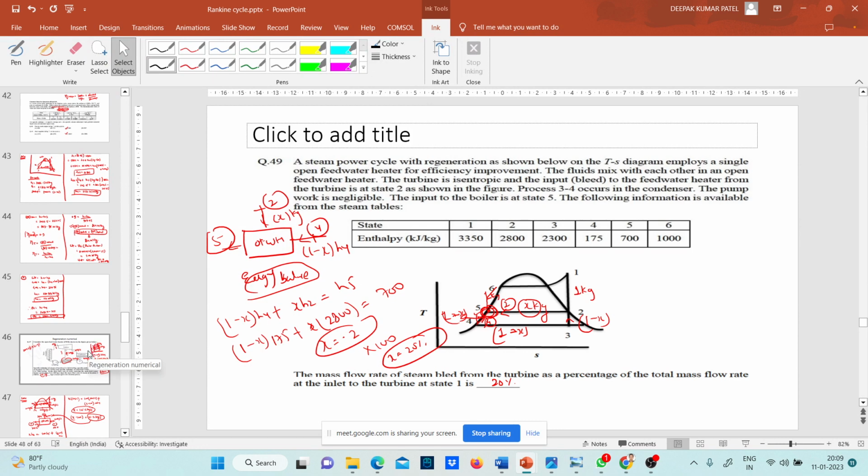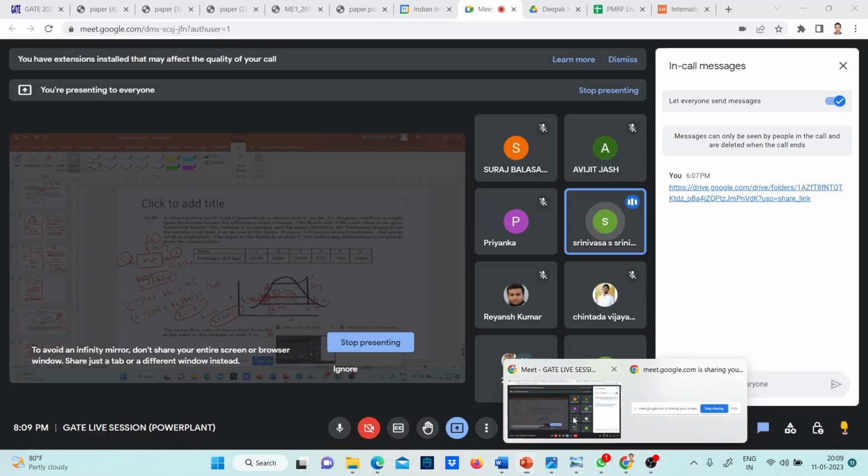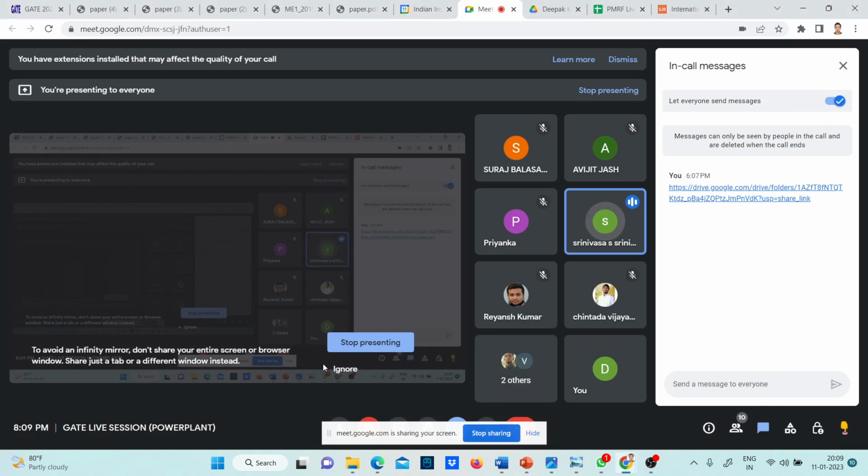Sir, the mock tests are not available on the GATE website. Why, sir? I don't know that actually. You have to ask the coordinators who are coordinating that GATE portal.